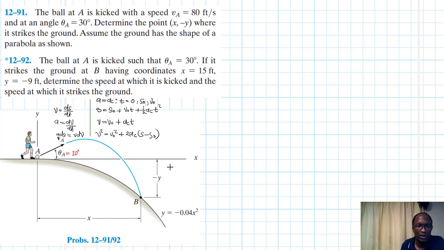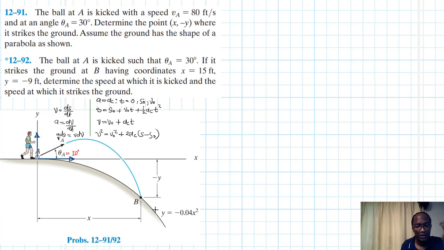Right, so let's write down the components of VA. VA will have two components. One is in the vertical, and the other one is in the horizontal, and the one in the horizontal is constant.